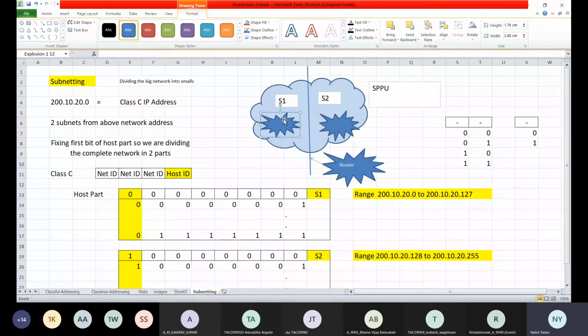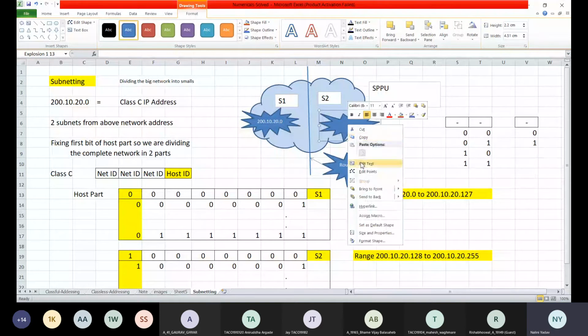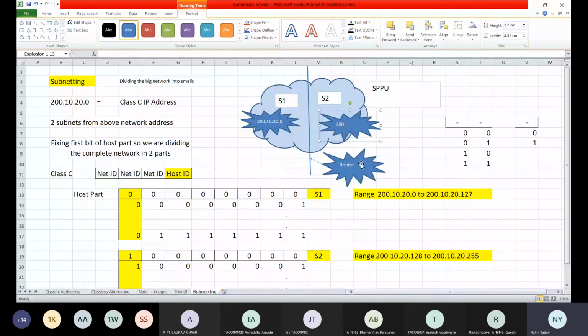This particular network will have the network ID 200.10.20.0, and this particular network will be identified with the IP address 200.10.20.128, right?